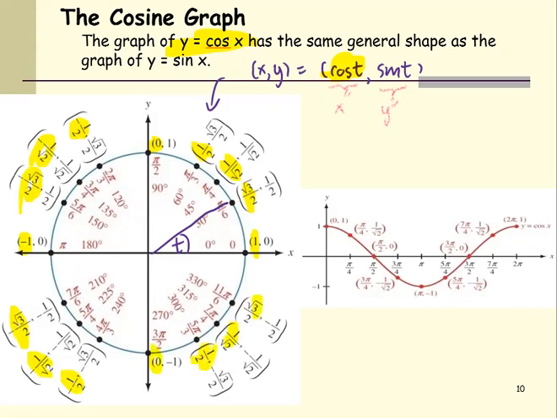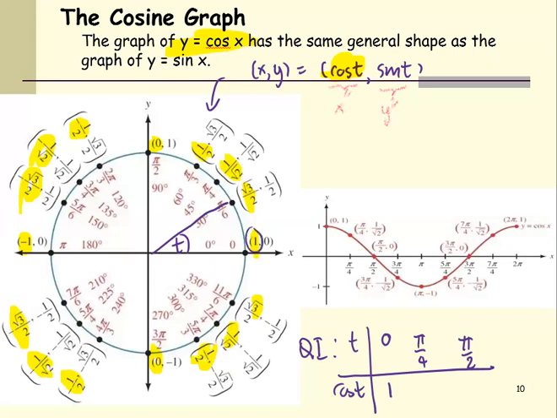If we look at the first quadrant, or quadrant 1, an angle t, 0, pi over 4, pi over 2, the cosine of t at 0 is 1, at pi over 4 is 1 over square root 2, which is about 0.7, and the value of cosine t at pi over 2 is 0. So as you see, the first quadrant from an angle 0 to pi over 2 is a decreasing graph from the value 1 down to the value 0.